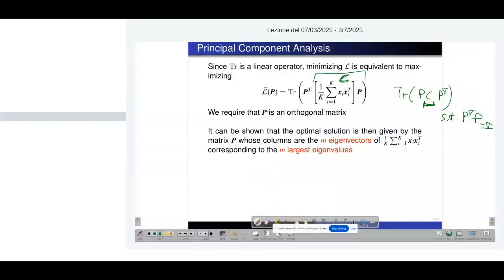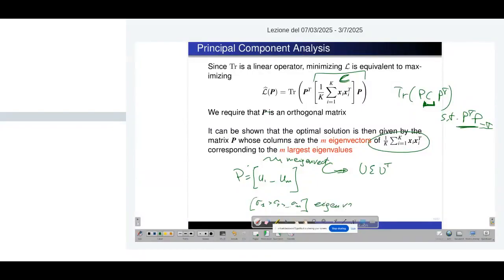We don't prove it, but we can show that if C is the matrix computed from the data, the solution for P corresponds to computing the eigenvectors and eigenvalues of C. We do it by computing the eigenvector decomposition of the matrix, and then the solution for P will correspond to the first M eigenvectors corresponding to the M largest eigenvalues of matrix C.